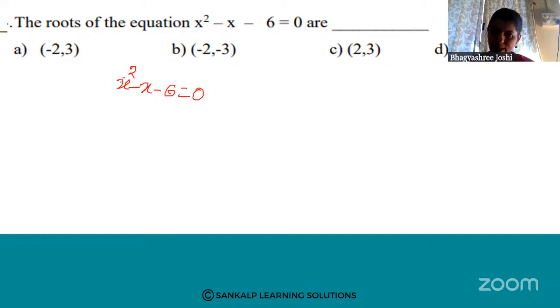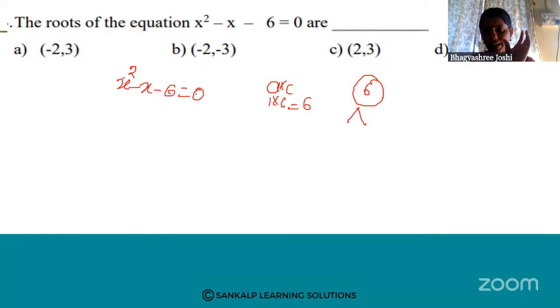A value is 1 here, c value is minus 6. So a into c is 1 into 6, that is equal to 6. So now the product is 6. Choose two numbers such that product should be 6 and the middle term is minus 1.